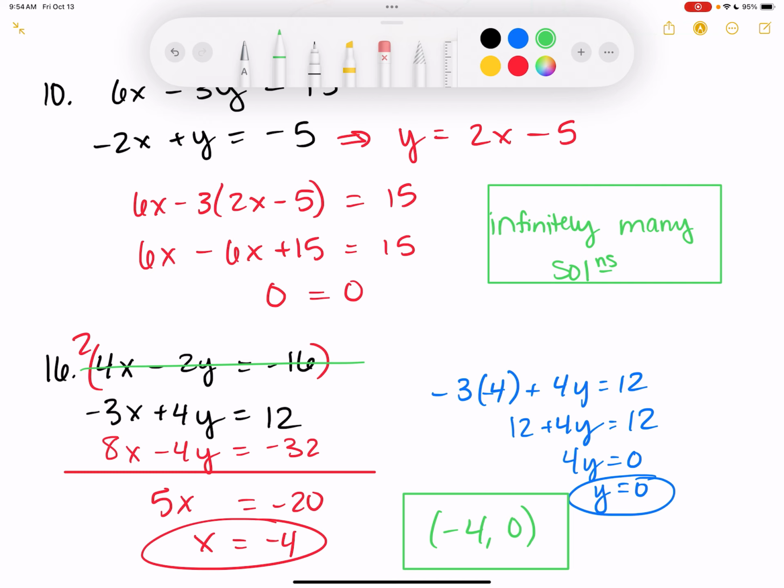The other thing we could have done, if we wanted to, I very rarely will do this unless it all cancels somehow, is instead of multiplying the top equation by 2, we could have multiplied the bottom equation by 1/2, and that would have given us negative 2y and positive 2y.